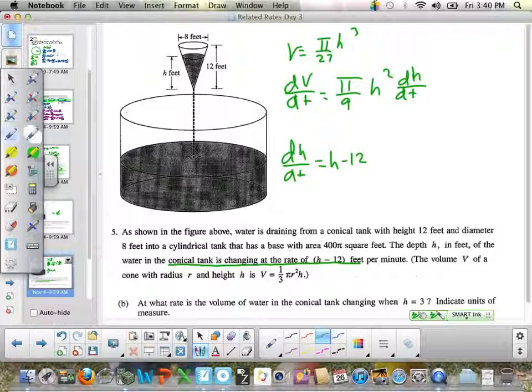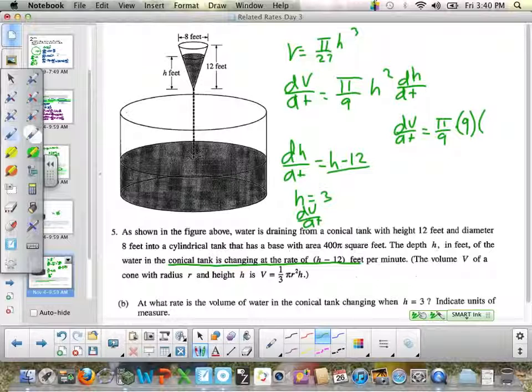So plug in what we know. h equals 3. We're looking for the change of volume with respect to time. So dV/dt equals pi over 9. h is 3, so h squared is 9. dh/dt is h minus 12. h is 3, so 3 minus 12 is negative 9.